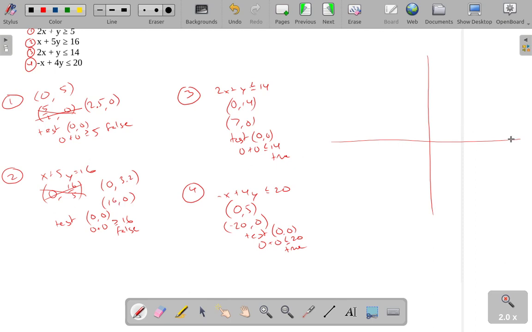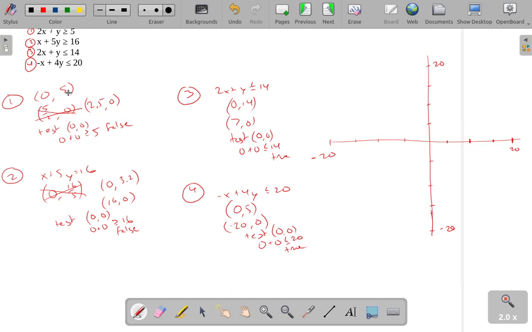So let's call this 20, which means that's 10. These are 5s. So 5, 10, 15, 20. 5, 10, 15, 20. There should be negative 20 over here. And 5, 10, 15, negative 20. Okay.